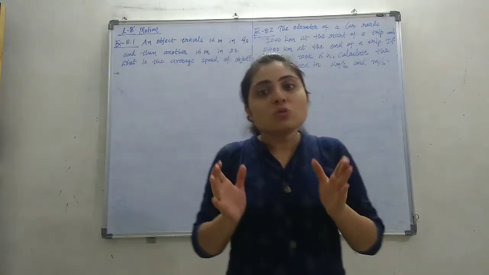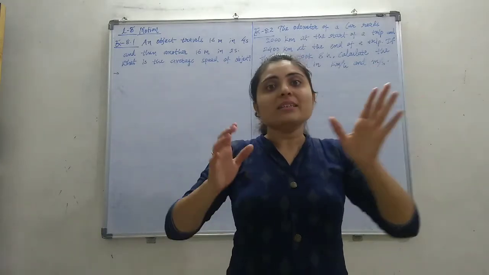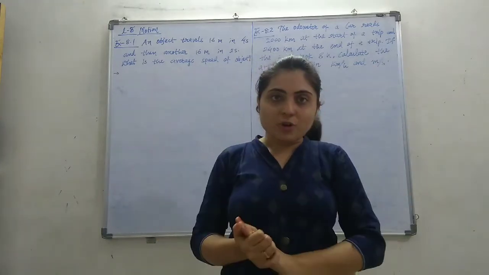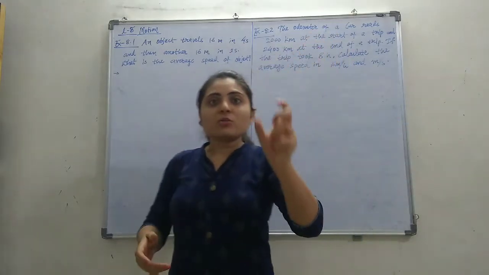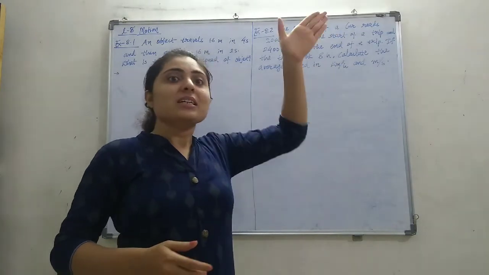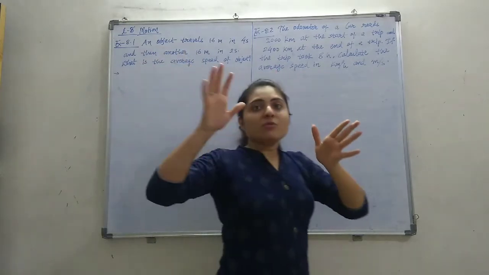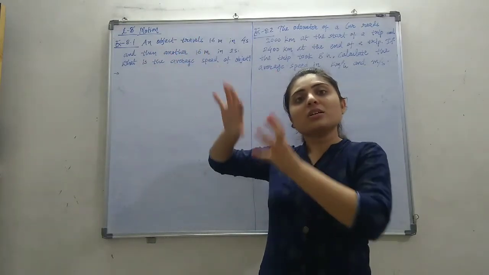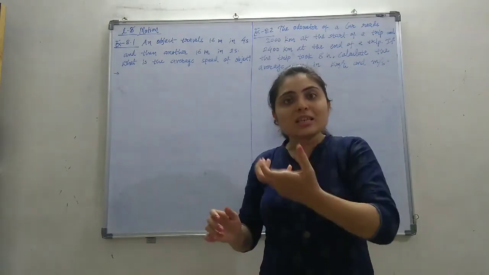So we have to be very clear about the quantities given and the quantities that need to be calculated. So the first thing we do in a numerical is list out the data given.